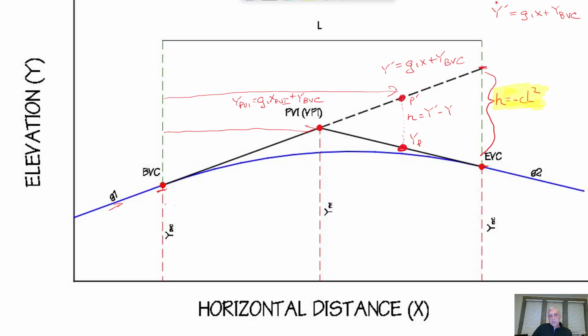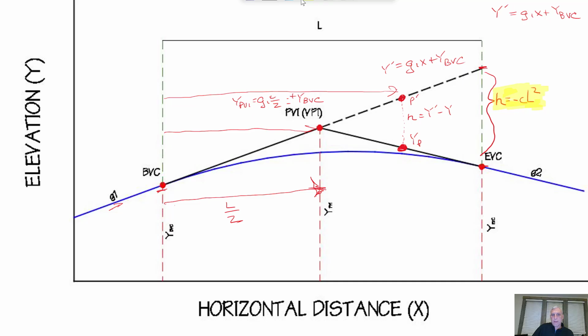But what did we say before this was equal to? What is the x value at the PVI? That's L over 2, right? Okay. So we can say that y PVI, I can get rid of the x there, equals G1 L over 2 plus y BVC.